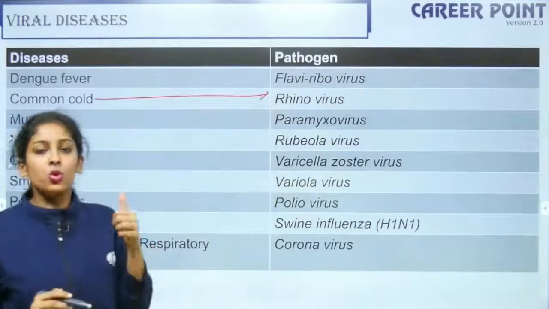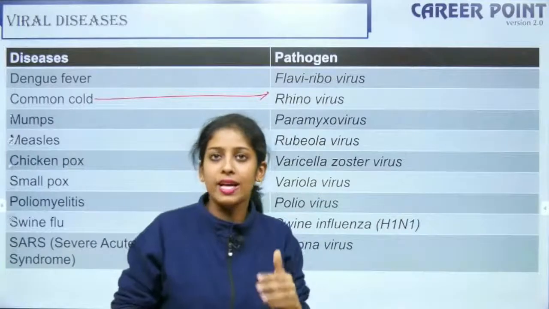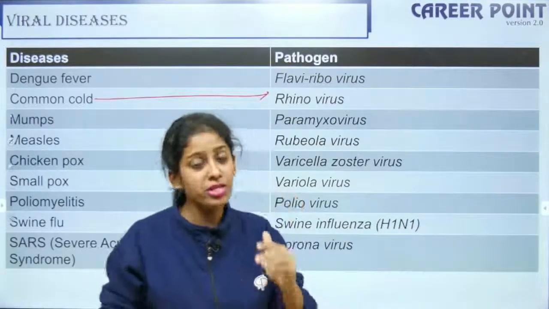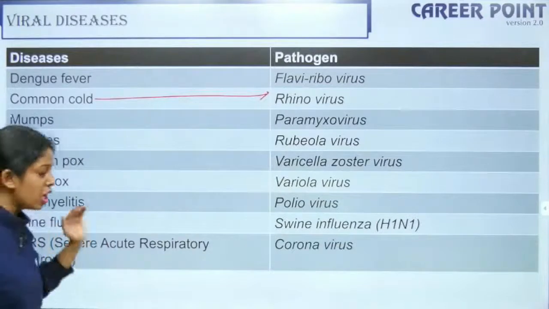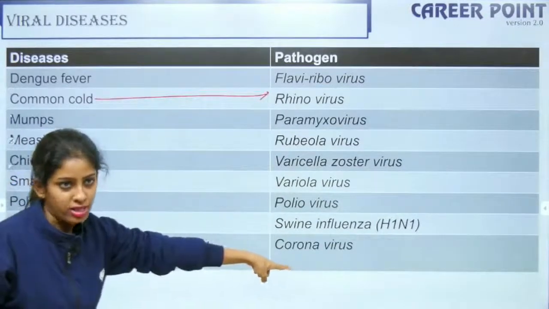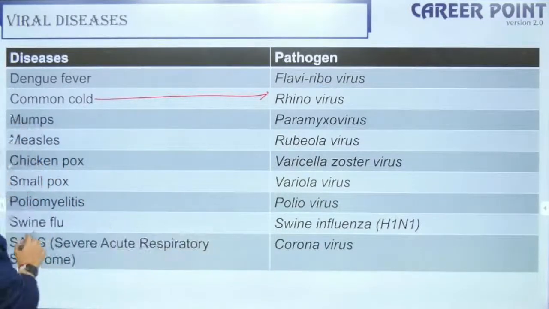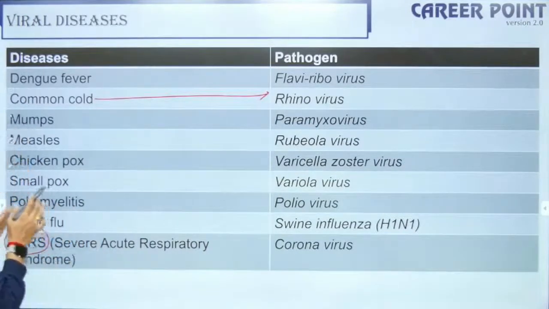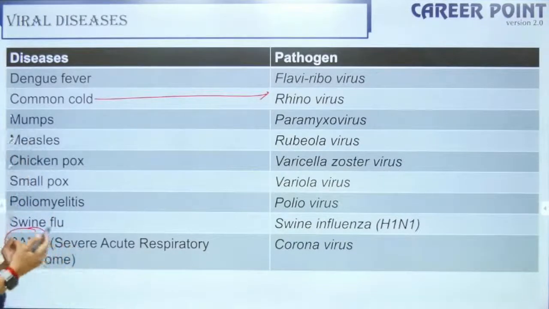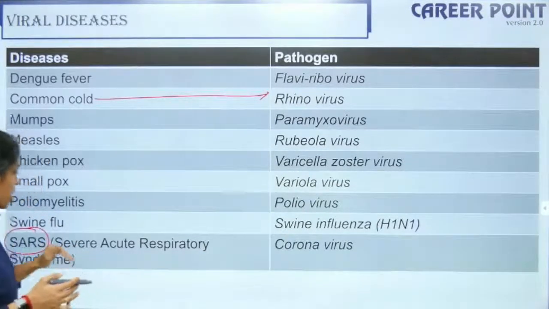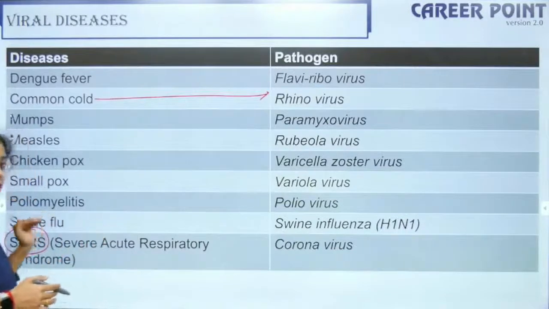Apart from this, another viral disease that has a chance to come up is the COVID-19 infection, which is caused by the coronavirus. They can ask you this. The coronavirus belongs to a family of viruses called the SARS virus, right? So it can cause COVID-19 infection. SARS is severe acute respiratory syndrome.